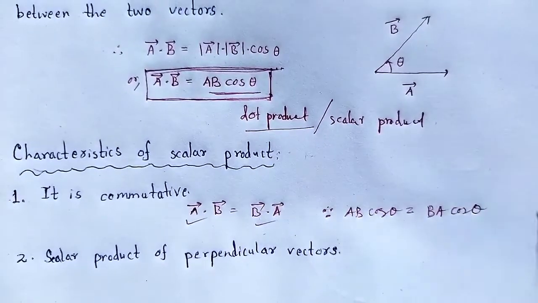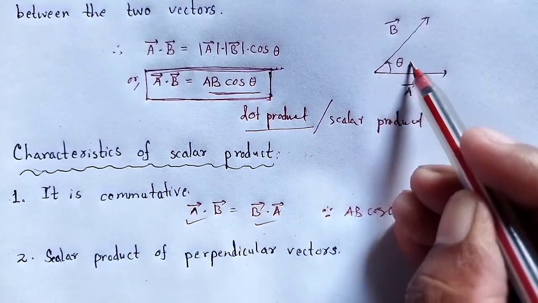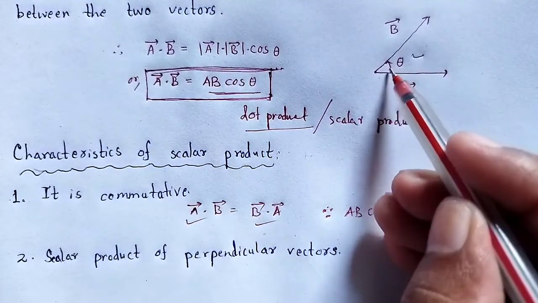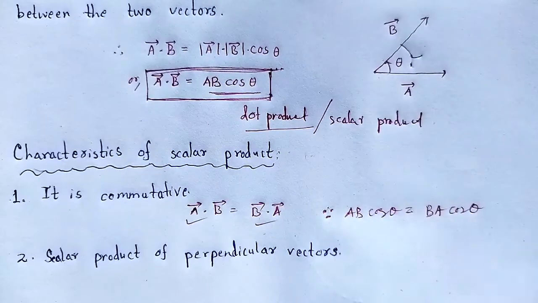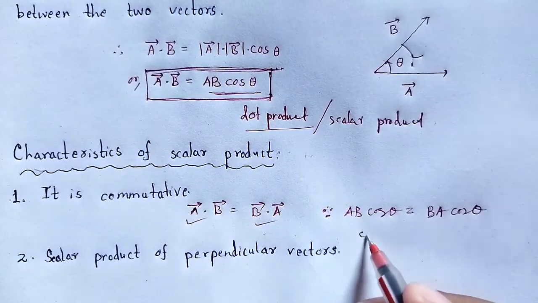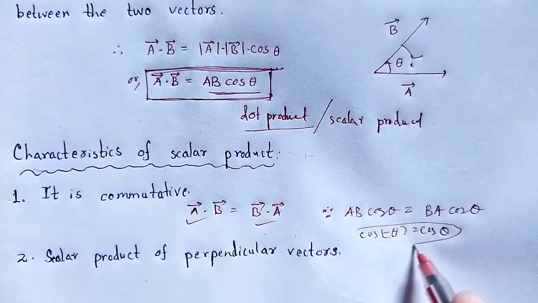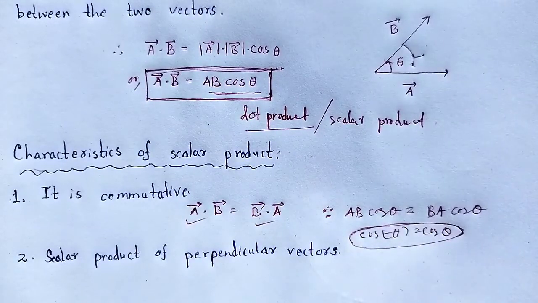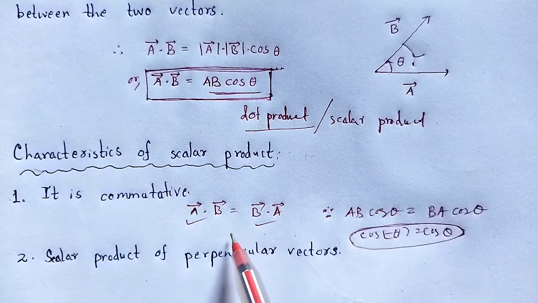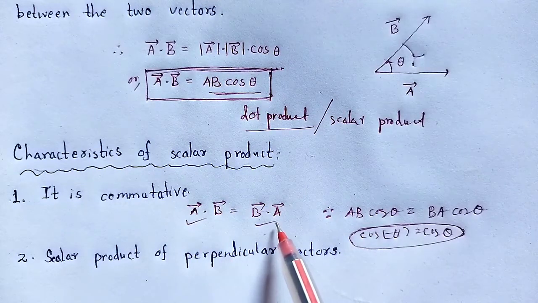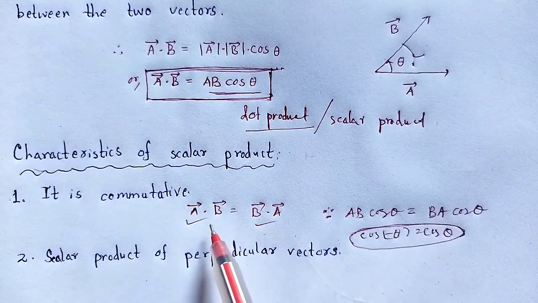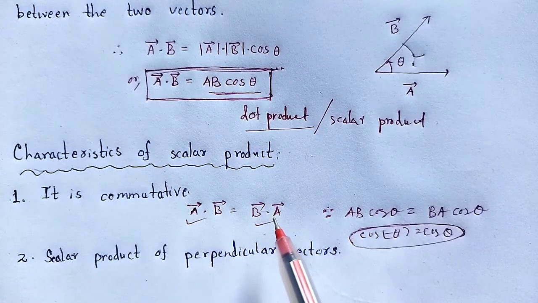In the previous case, the angle between A and B was theta. The angle between B and A, let it be minus theta, that means cos of minus theta. Cos of minus theta is equal to cos theta. So the dot product of two vectors is commutative. That means A dot B is equal to B dot A.